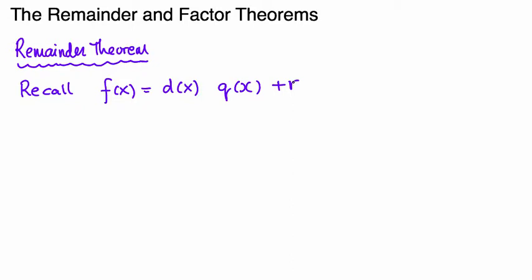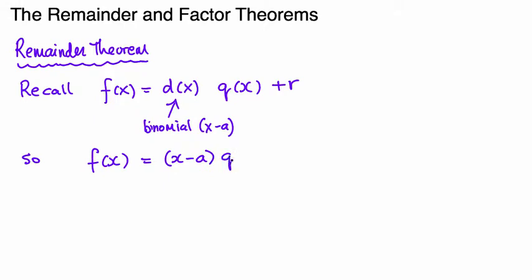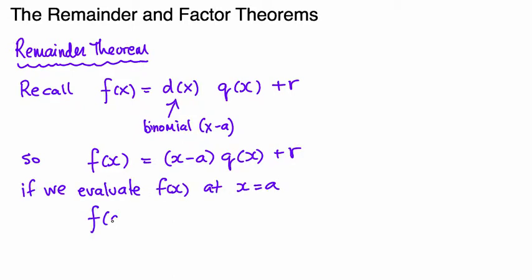And when we did specifically synthetic division, the d of x was a binomial function and was written x minus a. Well, if f of x is equal to x minus a times q of x plus r, and we evaluate this at that 0 point, what we end up getting is f of a is equal to a minus a times q of a plus r.